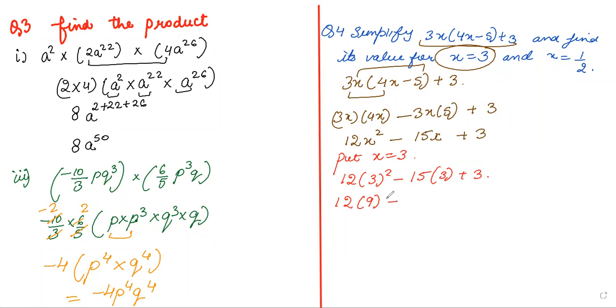Minus 15 into 3 is 45 plus 3 as it is. 12 into 9 is 108 minus 45 plus 3. Solve this and type your answer in chat box. 108 minus 45 plus 3 is equals to.